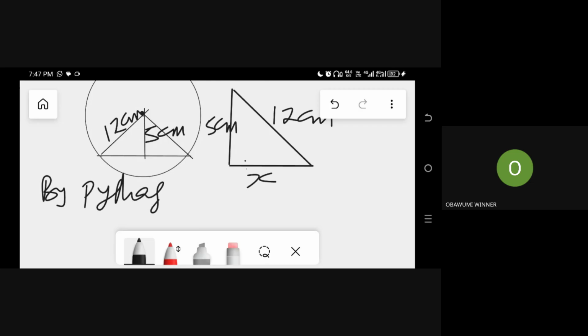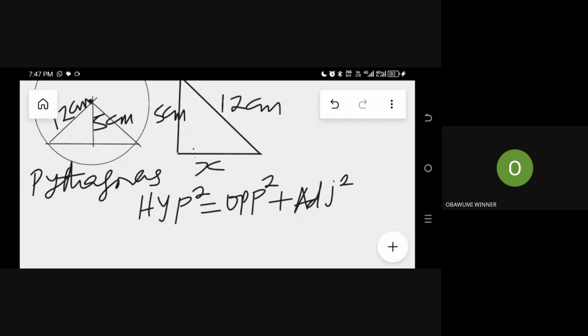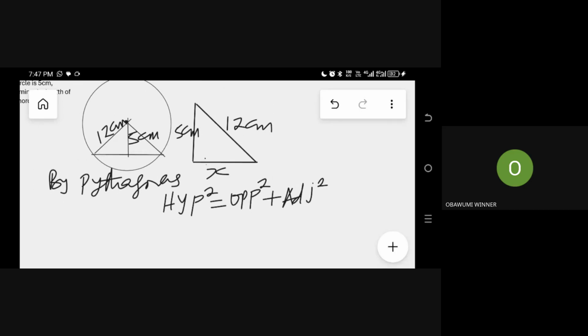by Pythagoras, we still have the hypotenuse squared is equal to the opposite squared plus the adjacent squared. So if we do that, our hypotenuse happens to be 12, as you can see.